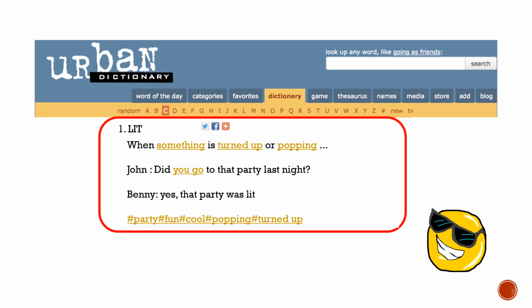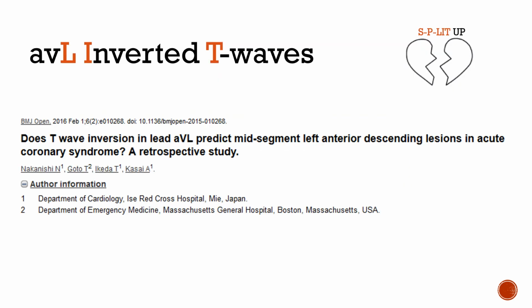Now, when referring to EKGs, LIT stands for aVL inverted T waves. There is a paper that was published in 2016 which begged the question, does T-wave inversion in lead aVL predict mid-segment left anterior descending lesions in acute coronary syndrome?